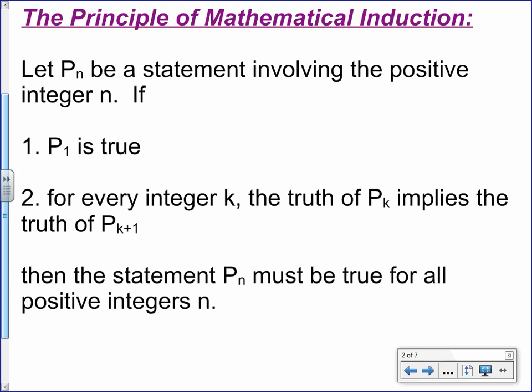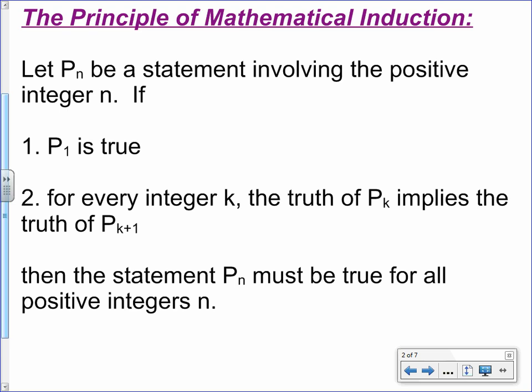Our strategy is going to be to first of all prove that P sub 1 is true. More than likely you are going to get a sum of a sequence and it's going to equal some shortcut formula. So we're first going to prove that it works when we plug in just 1, so it's just going to work for the first term.